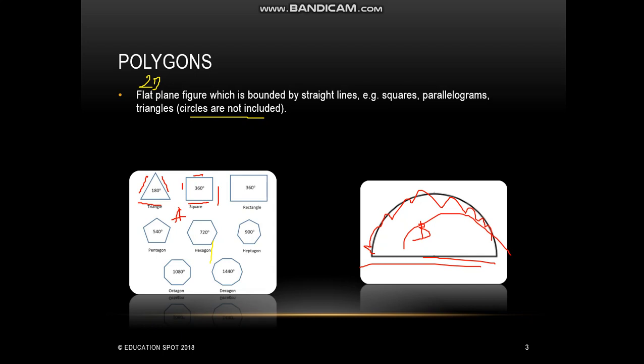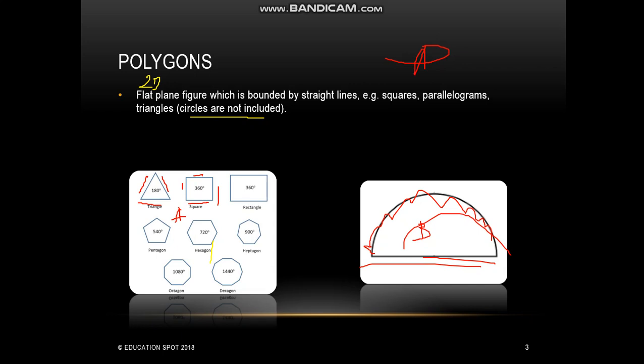So let me think of another shape. Let's say we had a funny looking shape like this one. Would you call this a polygon? You can pause this video and think about it. This does not qualify as a polygon because the figure we have here looks like it has one straight line, which is this one over here, and then this one is curvy.